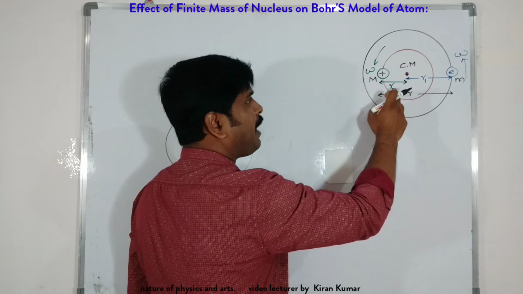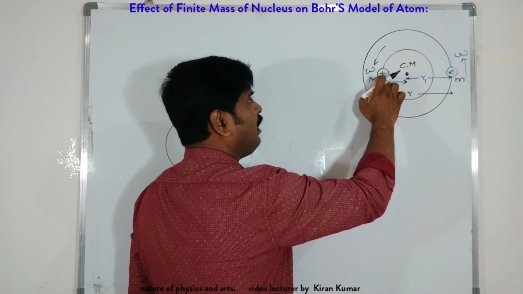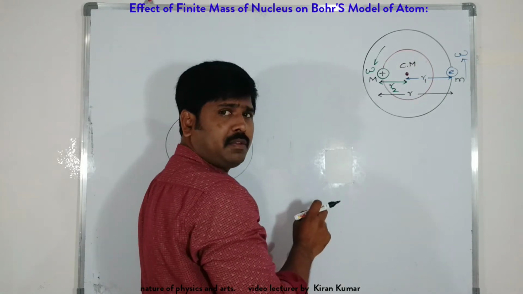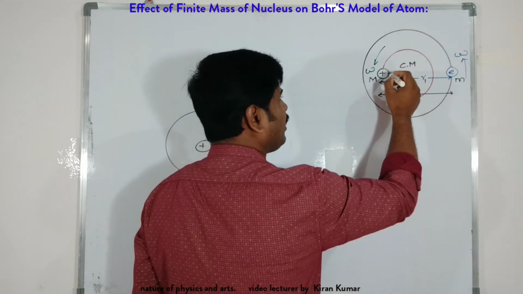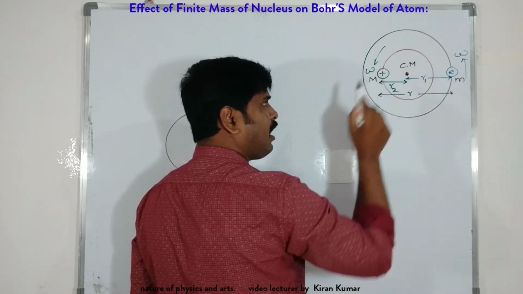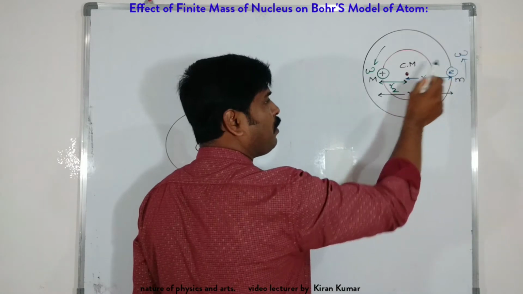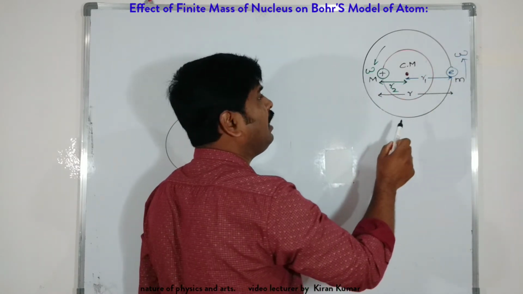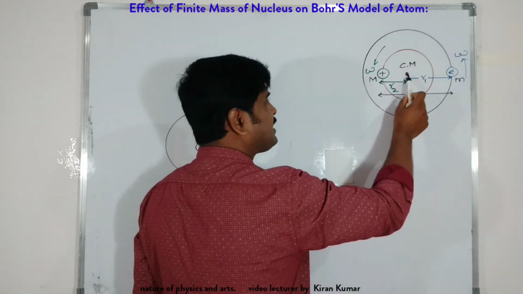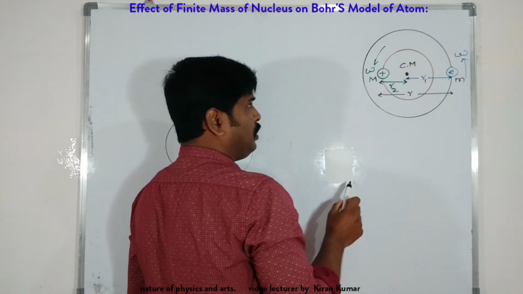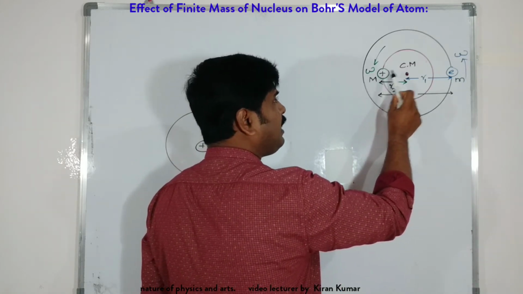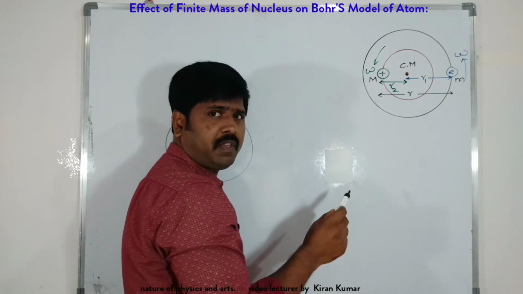So the center of mass of the nucleus and electron system is like the earth-moon system. Here the nucleus is moving with angular velocity omega and the electron is also revolving with the same angular velocity, but from the center to the electron the distance is r1, from the center of mass to the nucleus is r2, and the total distance between the nucleus and electron is r. We know this very well.